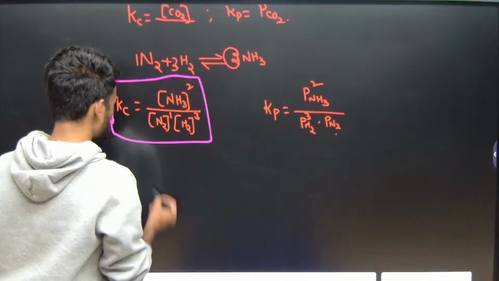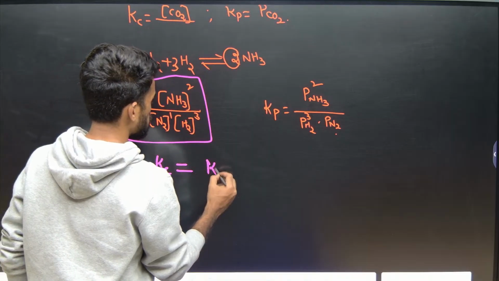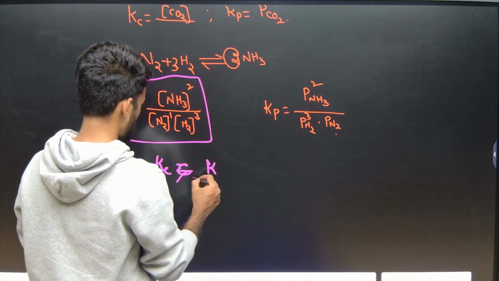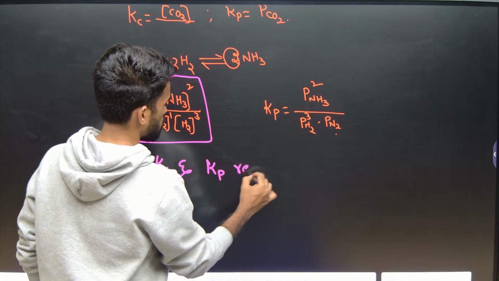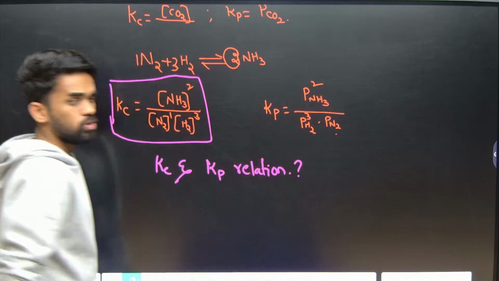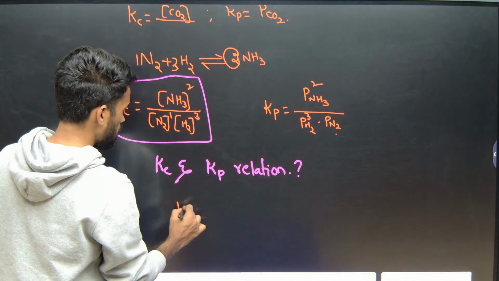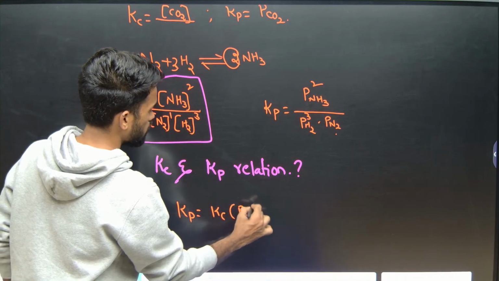This is the first question you can expect in the exam. Kp and Kc relation: Kp is equal to Kc (RT) power delta Ng.